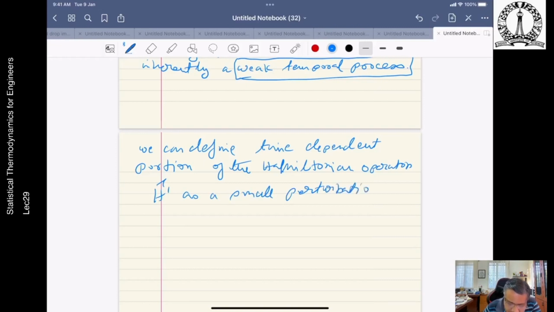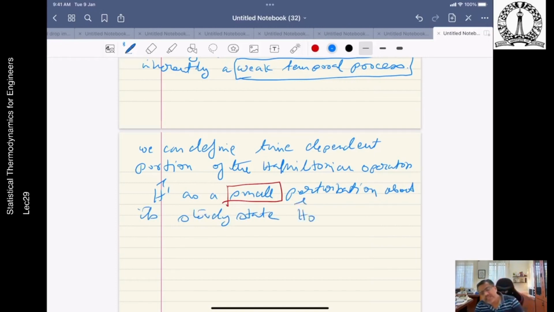The key word here is small perturbation about its steady state, which can be written as H naught.